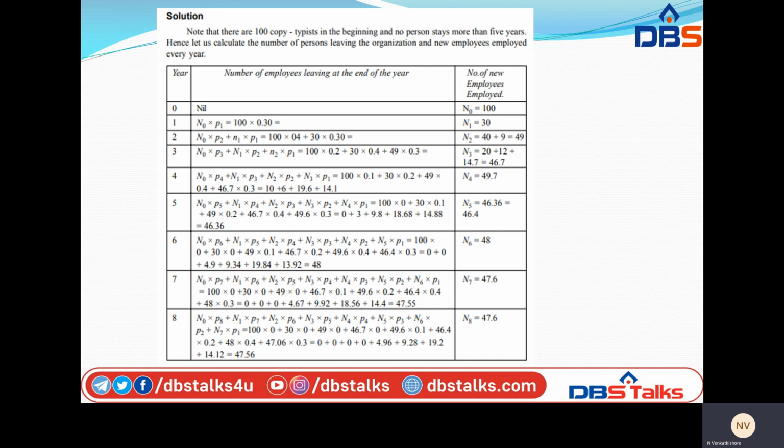So finally N3, at the end of the third year, the number of people newly joined is 46.7. So 100 into 20% plus 30 into 40% plus 39 into 30%.